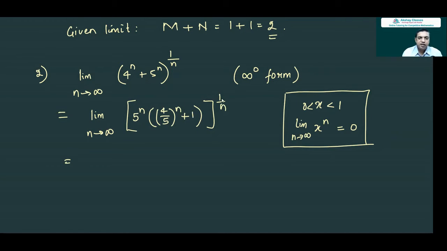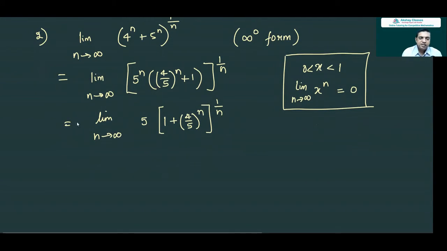Now this 5 power n into 1 upon n is 5. Limit n tends to infinity, 5 power n whole power 1 by n is 5. And we are left with 1 plus 4 by 5 to the power n, raised to the power 1 by n.